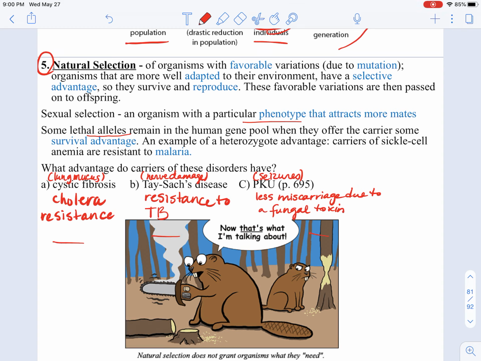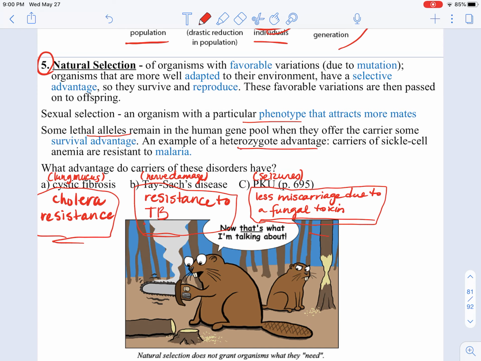These three are interesting examples: individuals with cystic fibrosis have a resistance to cholera. Individuals with Tay-Sachs, which is nerve damage, have a resistance to tuberculosis. And individuals with PKU, which is a nervous system seizure disorder, will have a resistance to prenatal fungal toxin.